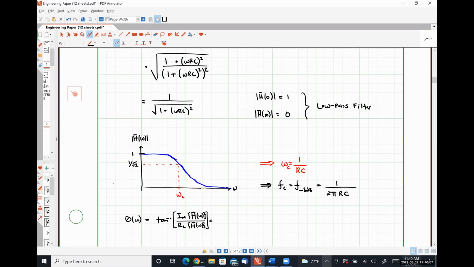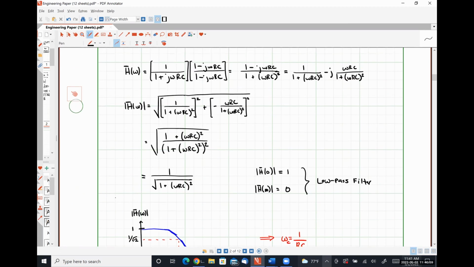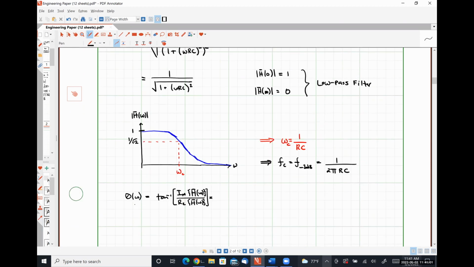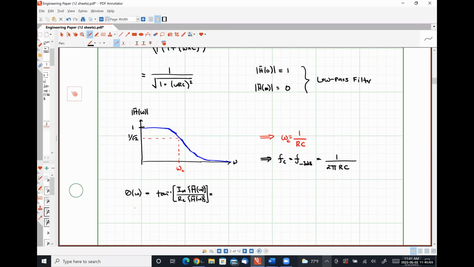The imaginary portion was negative omega RC over 1 plus omega RC quantity squared.